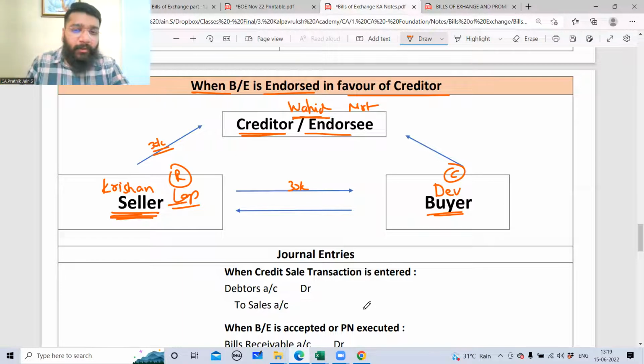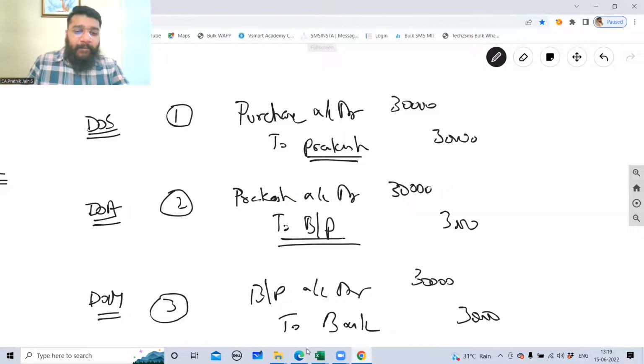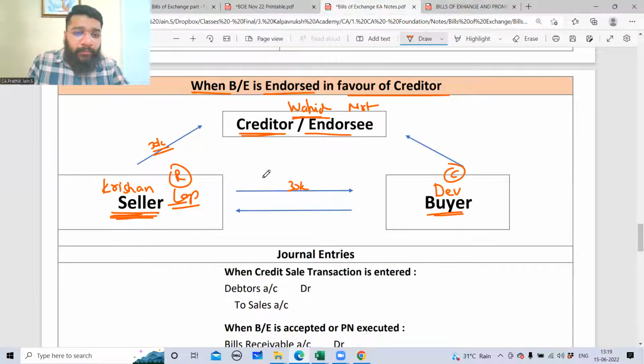So therefore, first entry, guys. First entry is what? Selling entry. Then bills of exchange entry. Second transaction is acceptance. So here acceptance is not there because here promissory note has been issued. So here it is issue of promissory note.